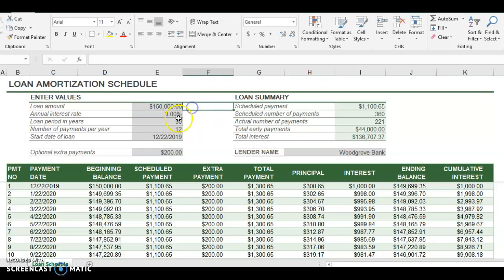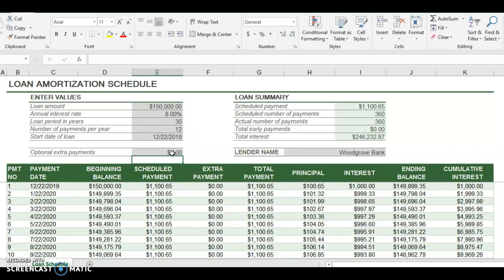So if you're paying 8% for a mortgage on a $150,000 home, and I'm going to change this to, again, 0 extra payments a year, then you are paying back of this $150,000 loan $246,232.87 throughout the life of the loan.